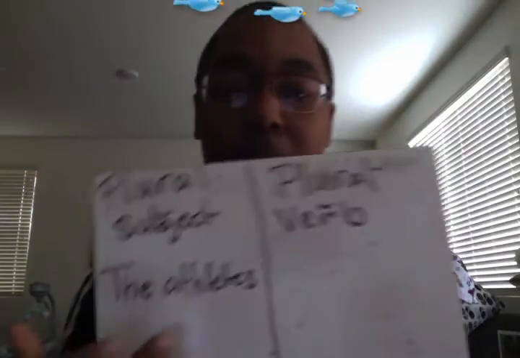So let's think of a subject of a sentence. Let's stick with teachers, right? Or school. Let's do the athletes. The athletes, my S on the end indicates that I'm talking about more than one, right?